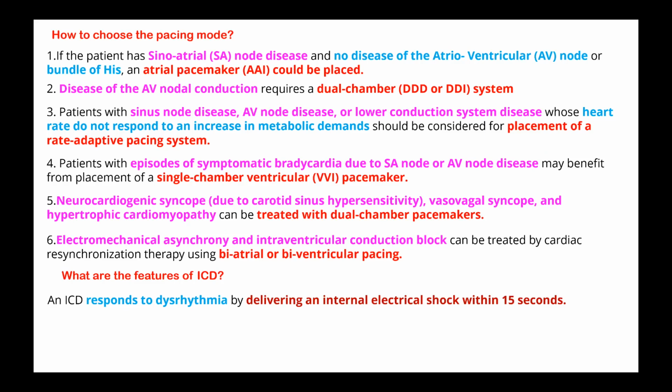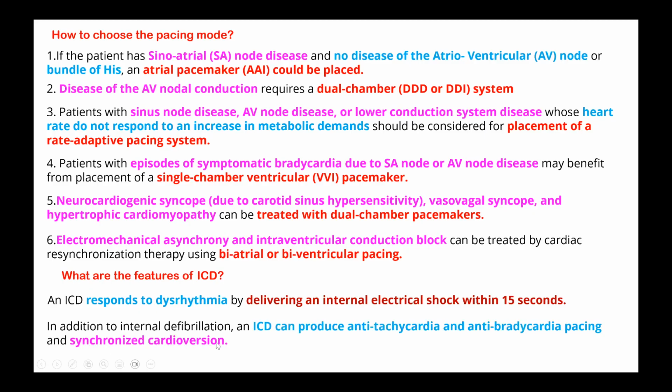Can you just logically think and answer that question? How is the ICD implanted into a patient able to recognize that there is a dysrhythmia in the patient? This is internal defibrillation. ICD can produce anti-tachycardia or anti-bradycardia pacing and also synchronized cardioversion.